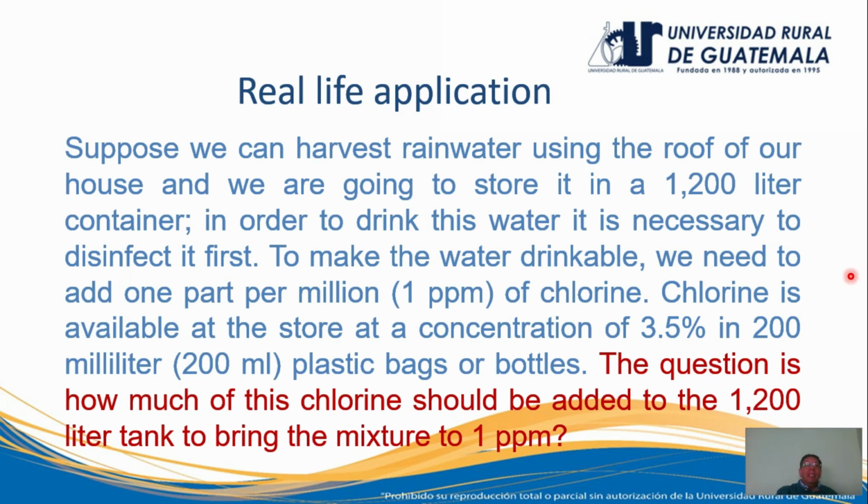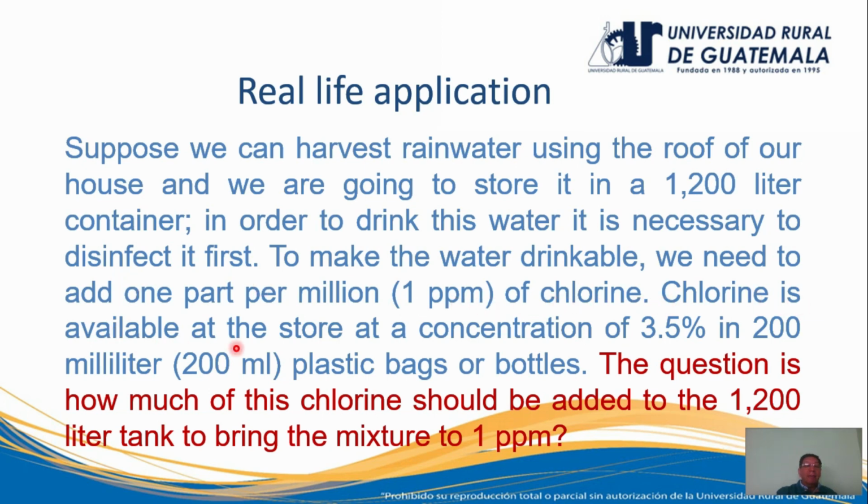In our last class, we were solving this problem, but we didn't have enough time to finish it, so let's continue. Suppose we can harvest rainwater using the roof of our house, and we are going to store it in a 1,200 liter container. In order to drink this water, it is necessary to disinfect it first. To make the water drinkable, we need to add 1 part per million, or 1 ppm, of chlorine.